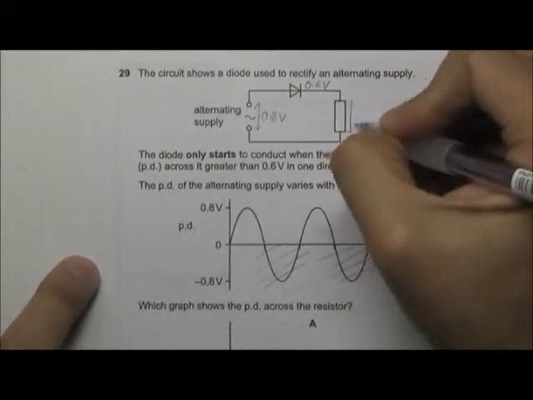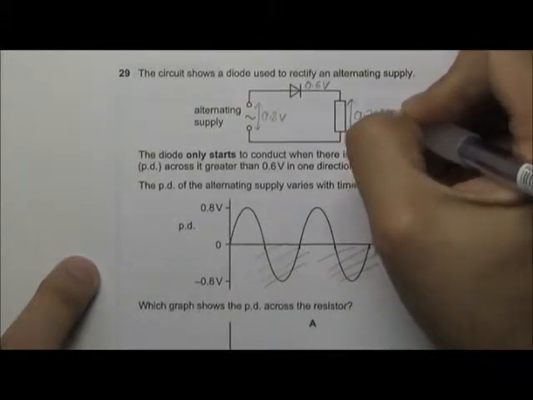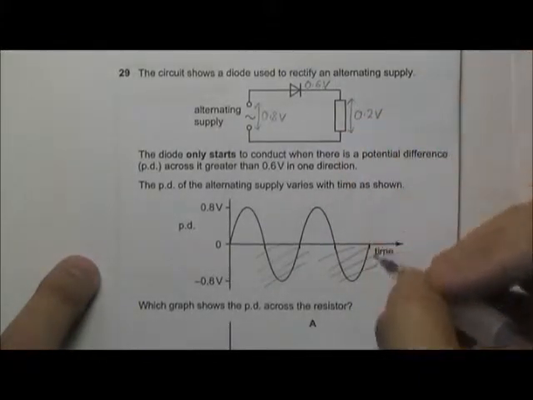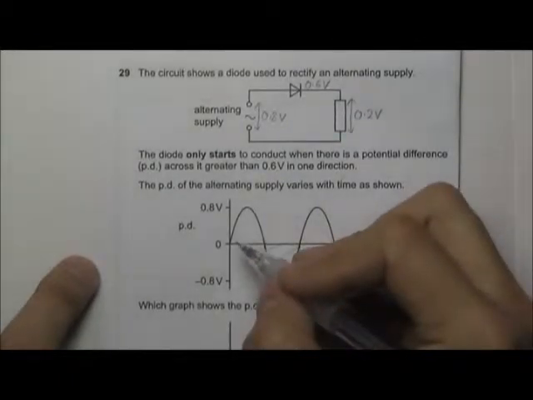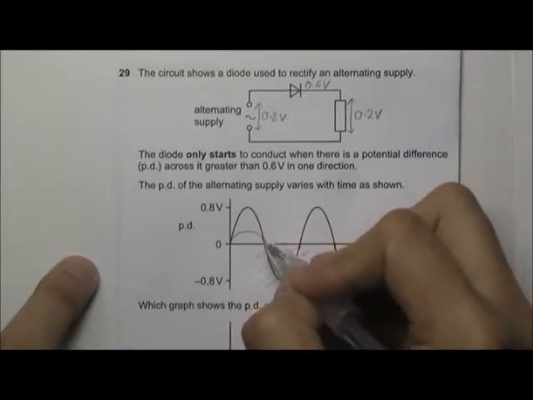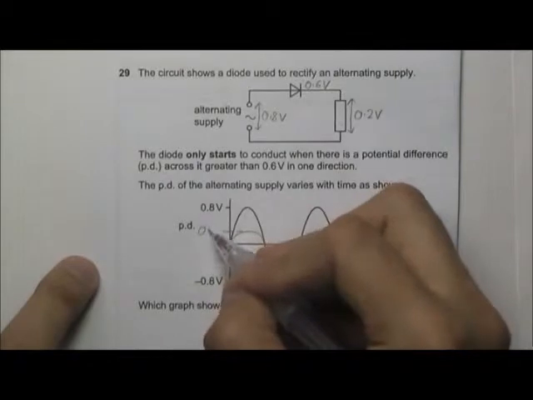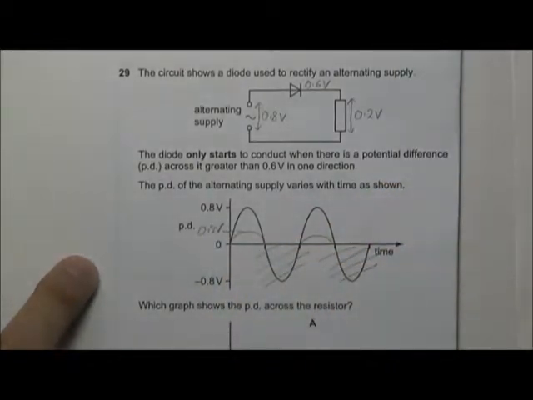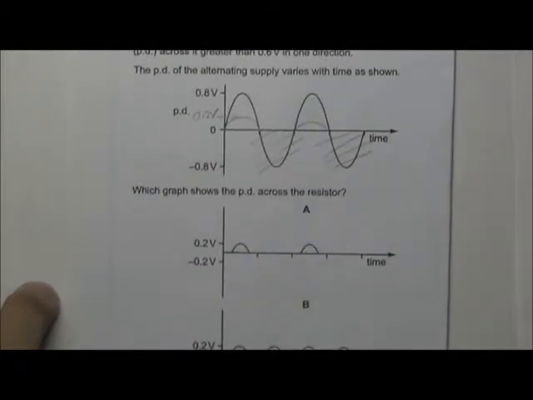So the resistor will be left with only 0.2 volt. So if you look at the potential difference graph across the resistor, we are only expecting to see a peak voltage of 0.2 volt across the resistor. Okay, that will leave us with option A as the answer.